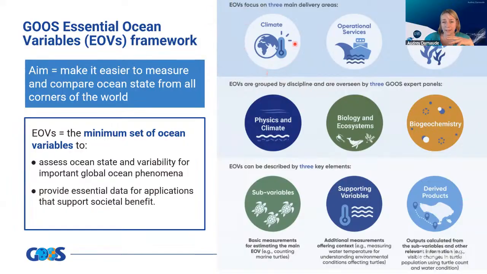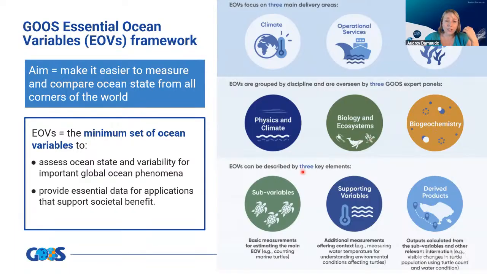So climate change, operational services like weather forecast or tsunami warning, and of course, ocean health. They were established by three different panels of experts, one for each of the main research disciplines that study the ocean. So physics and climate, biogeochemistry, and of course, biology and ecosystem.